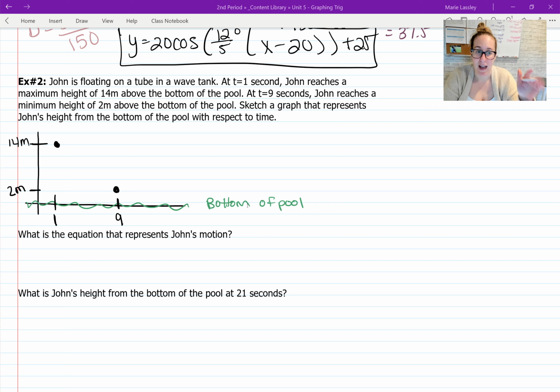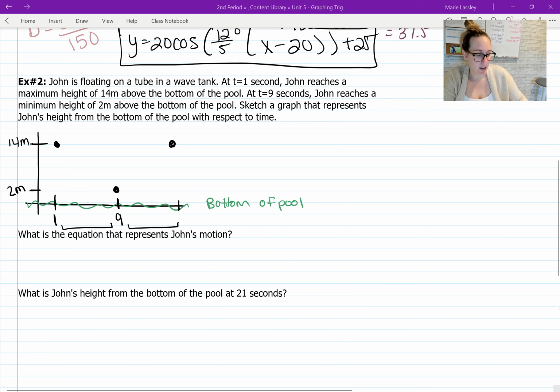All right, now, in order to do a full cycle, we have to somehow end up back at this maximum point. All right, so we need to figure out when that would be. To do that, we have to figure out how much is in between 1 and 9, and then that's the same amount that's going to be between 9 and our next highest point, because trig graphs are always even.